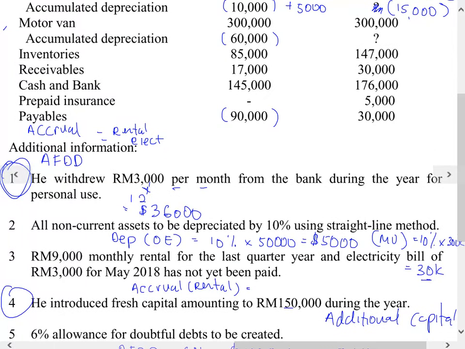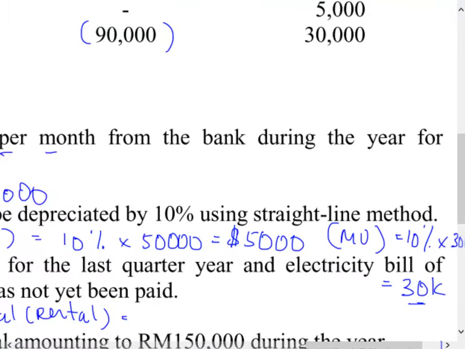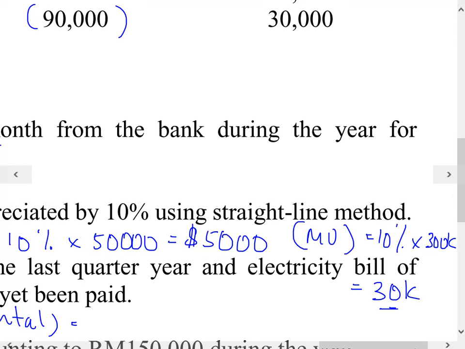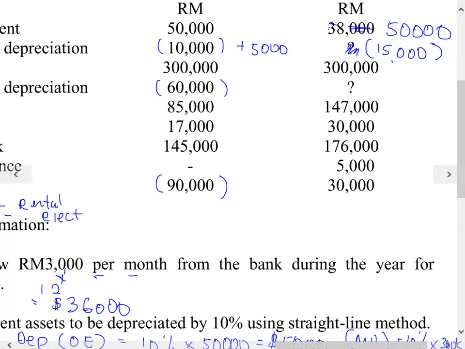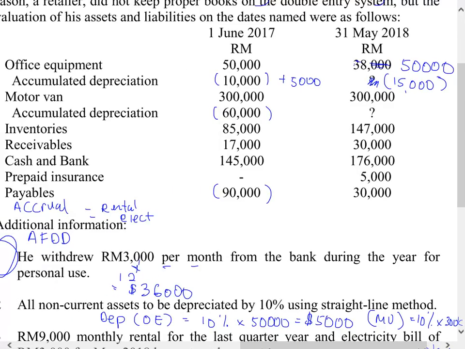I will depreciate, working 10% on 300,000. Therefore, depreciation for this year is 30,000. I already have 60,000 here. I depreciate another 30,000, so accumulated depreciation is 90,000.